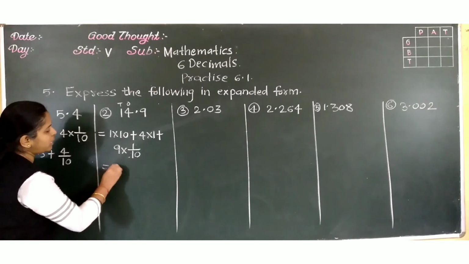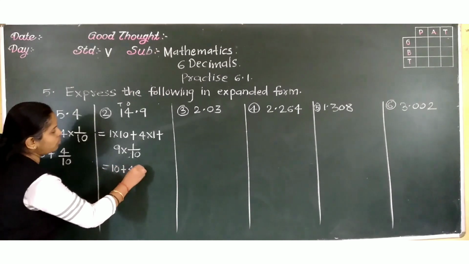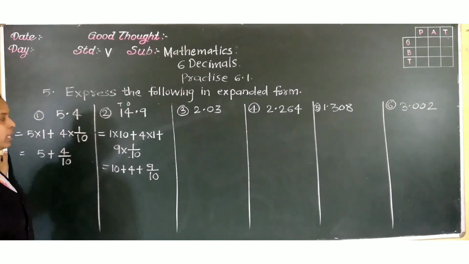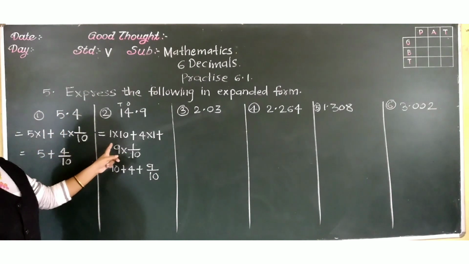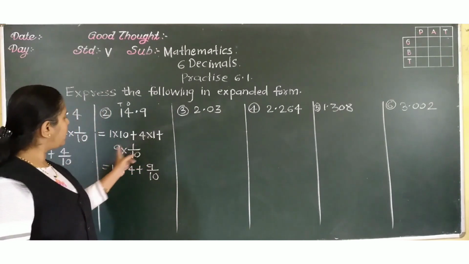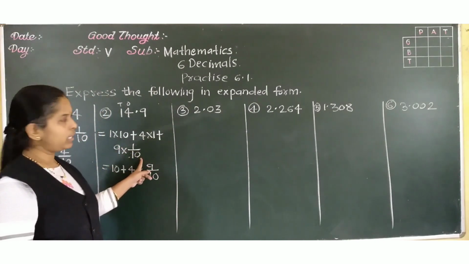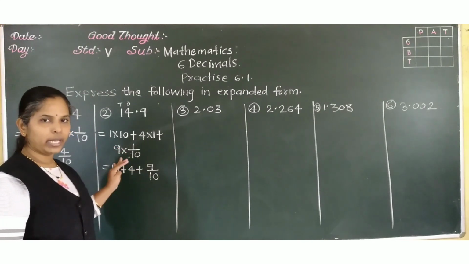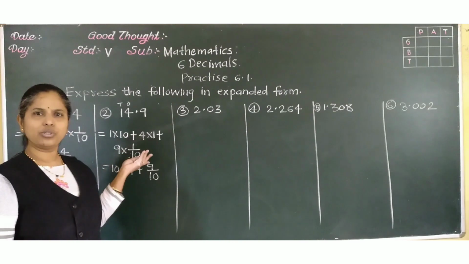So you write 10 plus 4 ones are 4 plus 9 upon 10. Or you can write like this also, no problem. Students, if you are writing up till here, okay, no need to write this. If you are not writing, then also okay, and if you are writing, then also okay.